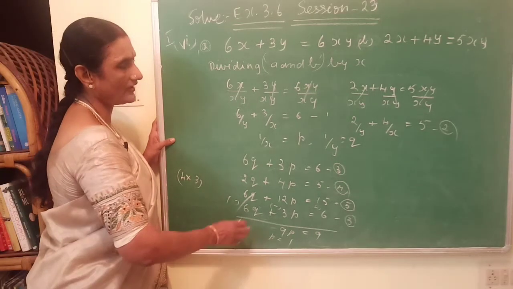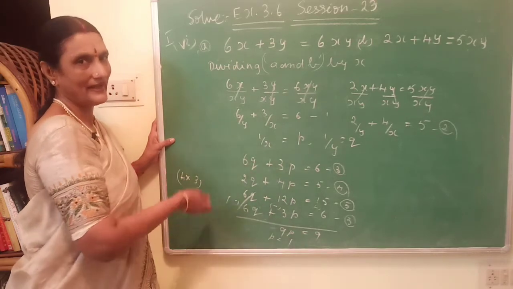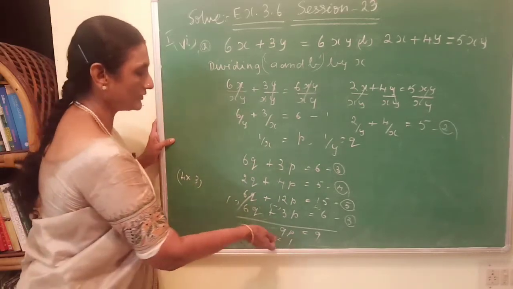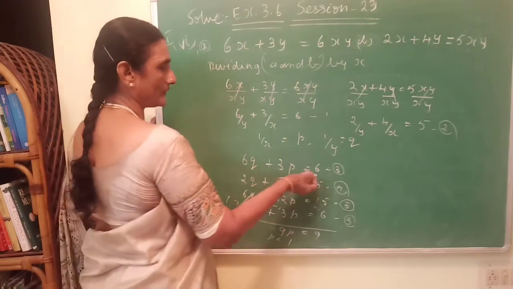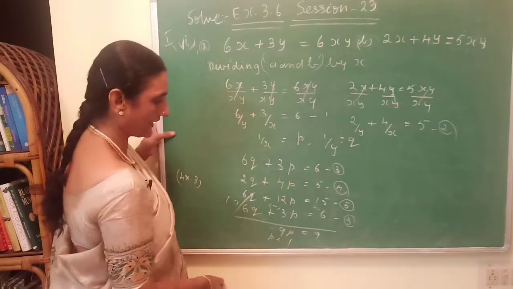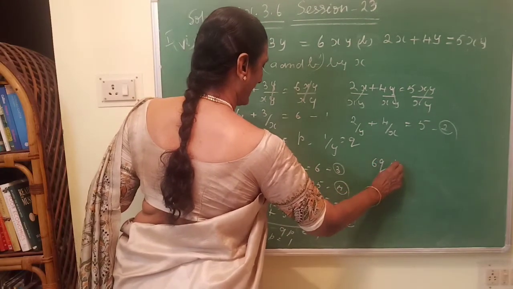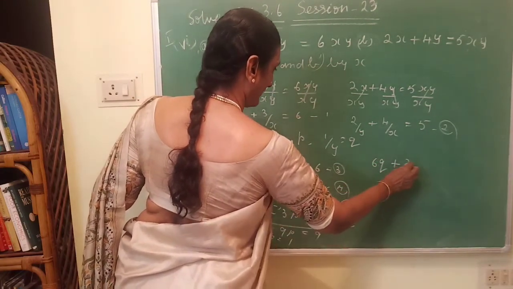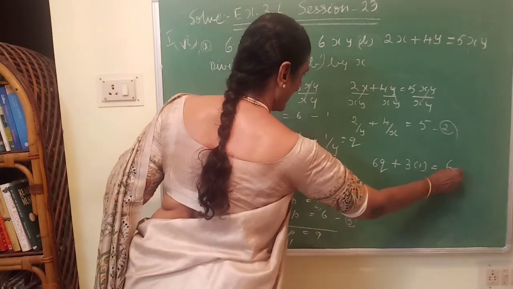Now, before we go for x and y, first let us finish p and q, then we go for x and y. Okay? Now, substitute the value of p in any one of these equations. I am going to substitute in equation 3. So, I have got the value for p is equal to 1. So, 6q plus 3p, with p as 1, gives 6q plus 3 is equal to 6.